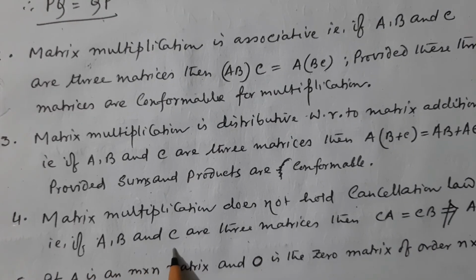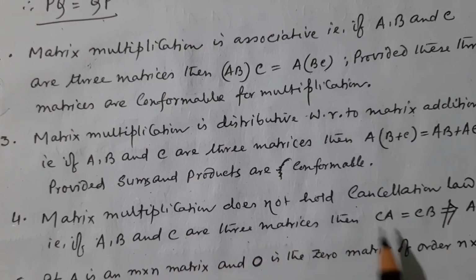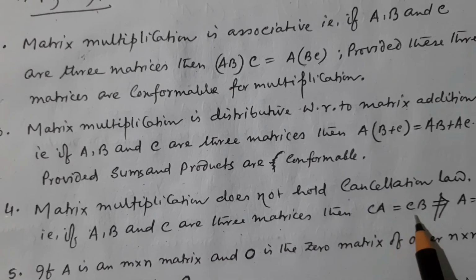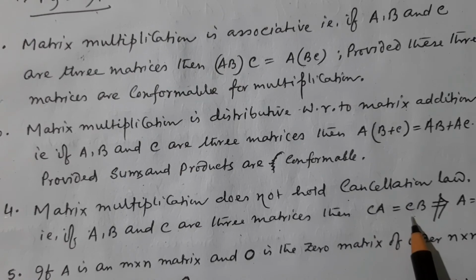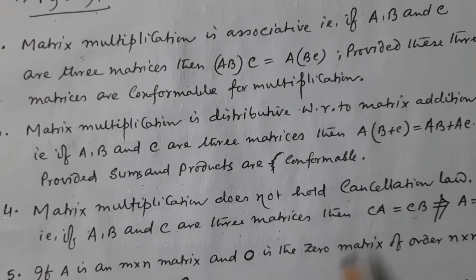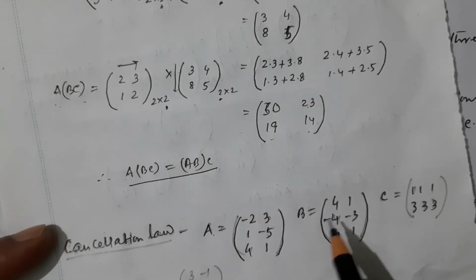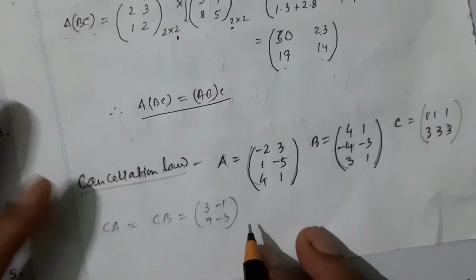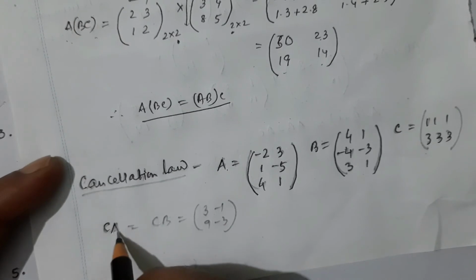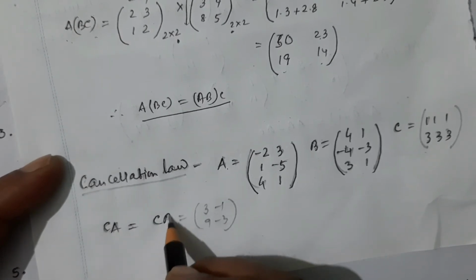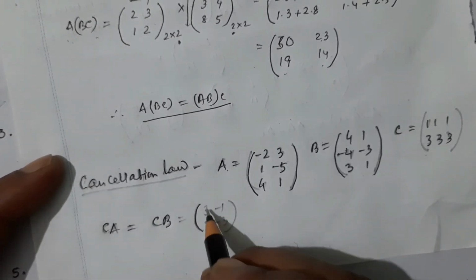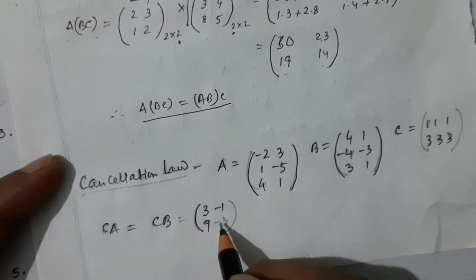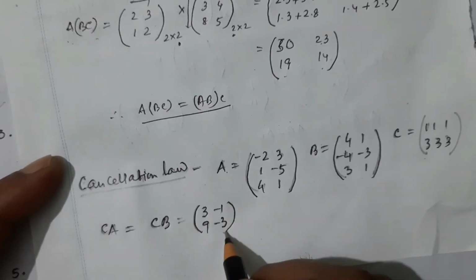If A, B, C are three matrices, then CA equals CB does not imply that A equals B. We multiply C with A and C with B. If we multiply CA and CB, we get the same result, 3, minus 1, 9, minus 3.